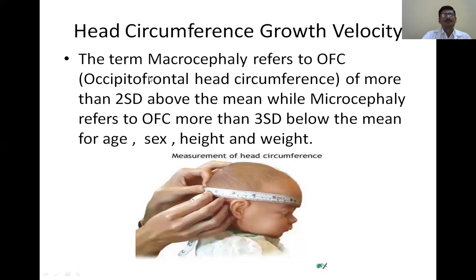Whenever the occipitofrontal head circumference is more than 2 standard deviations above the mean, it is called macrocephaly, and if it is 3 standard deviations below the mean value, it is called microcephaly, for that particular age, sex, or height and weight.